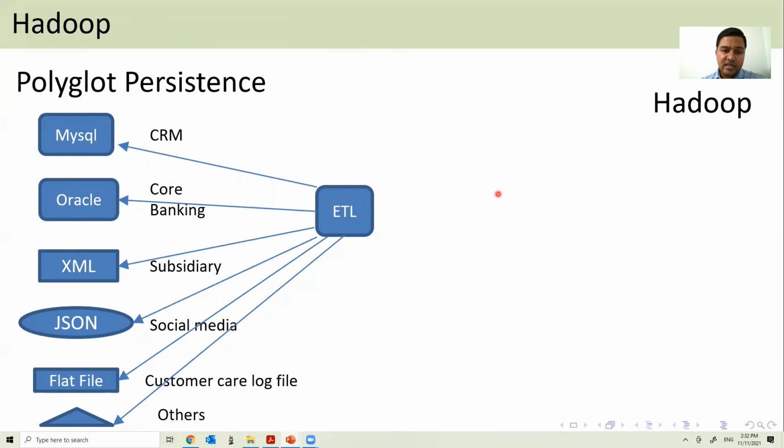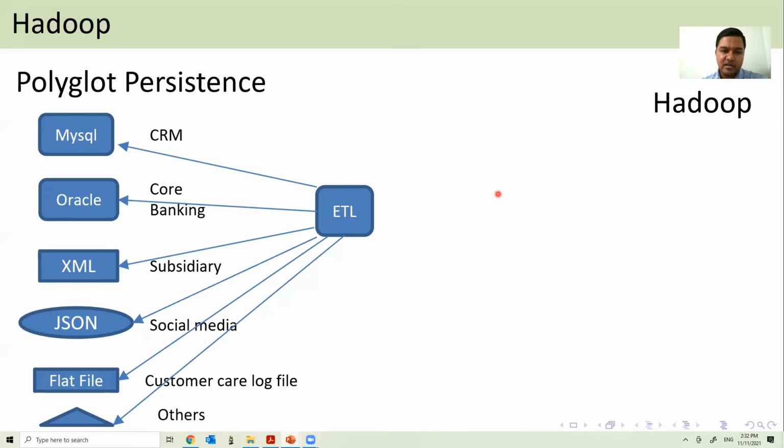There are transactional data in RDBMS format in Oracle. There are now companies which keep on buying companies, and they also have a third party which gives important data to them, and the data format they use is XML. And then there is social media data.